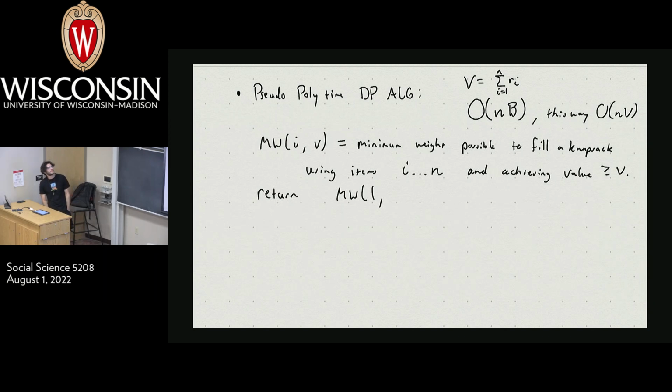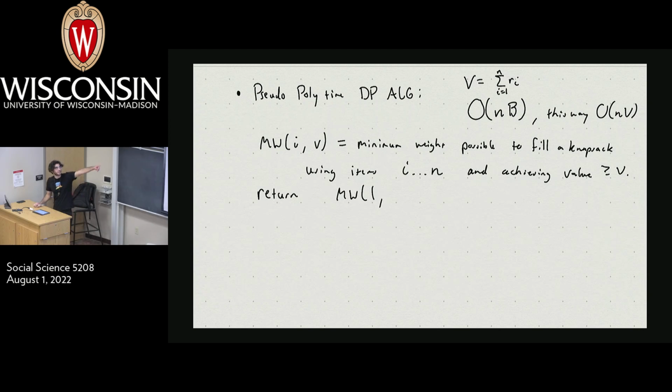But what should that second parameter be? Do we want to achieve 0 value? What if we can't achieve capital V value?